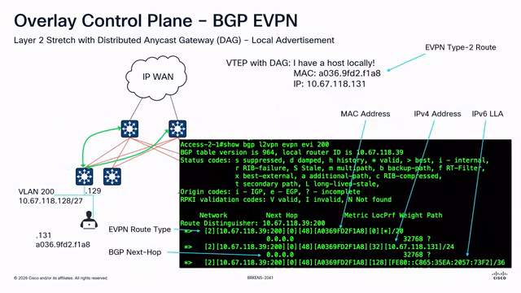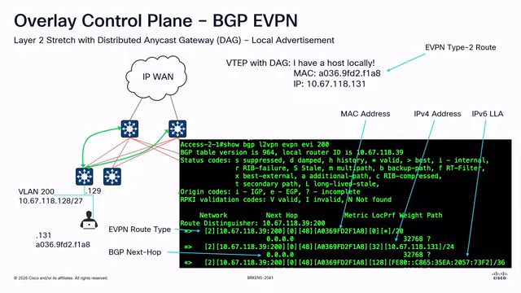Okay, so what happens when this host .131 comes online in the network? Well, the switch is going to pick it up. It has a MAC address for sure, because it's all an Ethernet network. So the VTEP picks up the MAC address and generates an EVPN type 2 route.